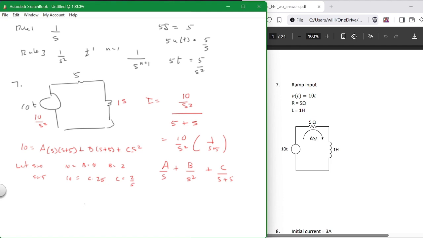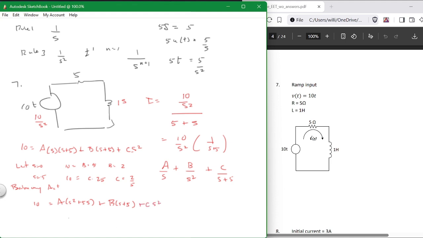But you still don't have A, right? So what are you going to have to do here? What's your last move? Do the balancing act. On the left, we have a 10. On the right, we have A times S squared plus 5S plus B times S plus 5 plus C S squared.